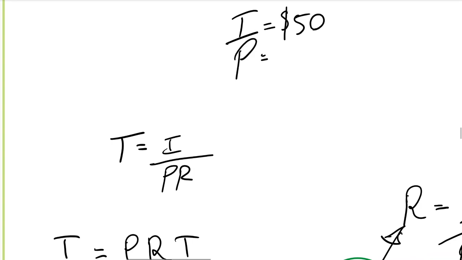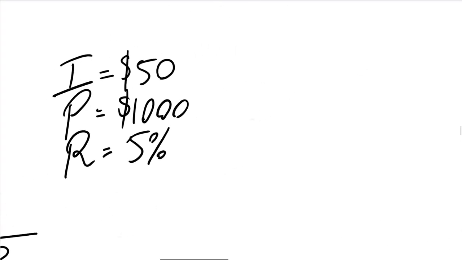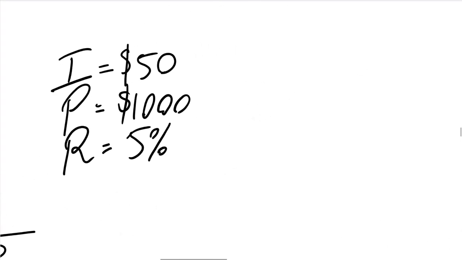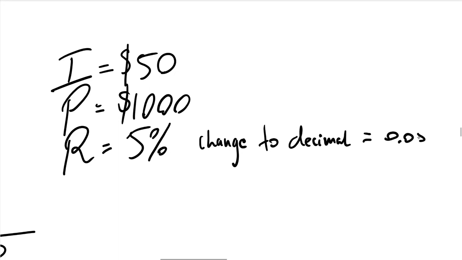What's my principal? And what's my rate? Now, to make my life easier, what should I do here? Yeah, we'll change that to a decimal. And that gives us 0.05. How did I do that? I divided by 100.